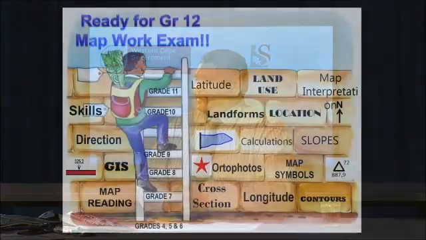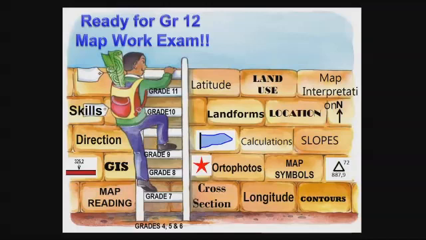Now, matrics, what we actually did here this afternoon is that I hope that you are ready for your grade 12 map work exam. Now, remember your map work exam. Map work starts actually at primary school already, and you are going to be examined on all these things from grade 7, 8, 9, right through till grade 12.